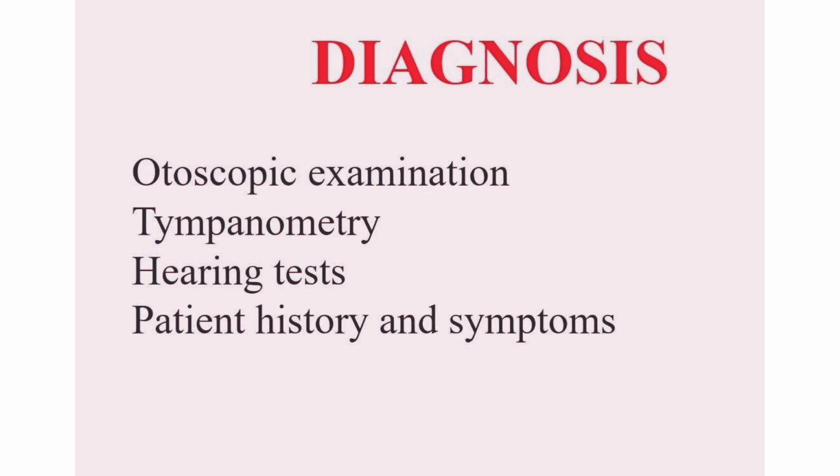Number 2 diagnostic test is tympanometry. Tympanometry is a test that measures the movement of the eardrum and middle ear function. Number 3 diagnostic test is hearing test. A hearing test may be performed to assess hearing loss and determine the extent of the problem.